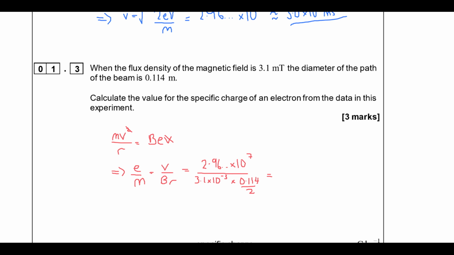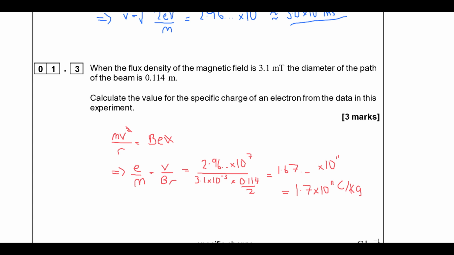So let's divide by 3.1 times 10 to the minus 3, divide by 0.114 times by 2, and we get 1.67 times 10 to the 11, which is going to be 1.7 times 10 to the 11 coulombs per kilogram.